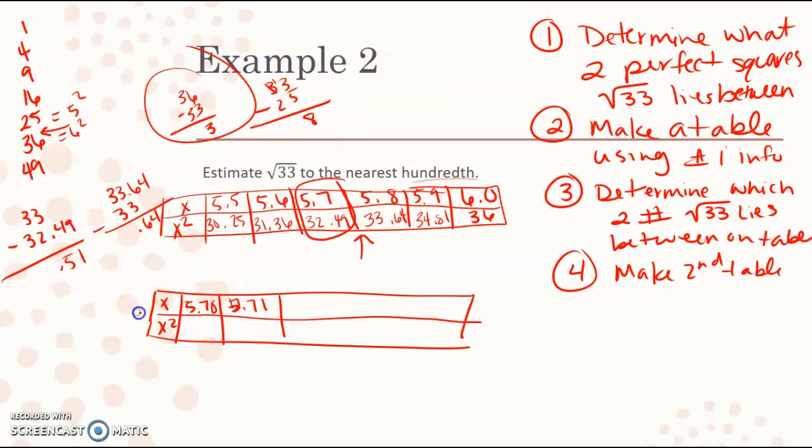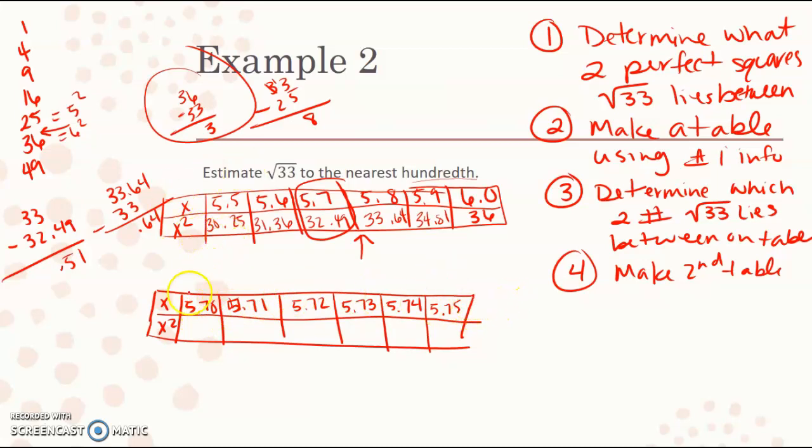Helps if I write the correct number. 5.72, 5.73, 5.74, and then we're going to squeeze it in here. Oops, I got 7 on the brain. 5.75, because we're in the first half, so I know I lie between 5.70 and 5.75.